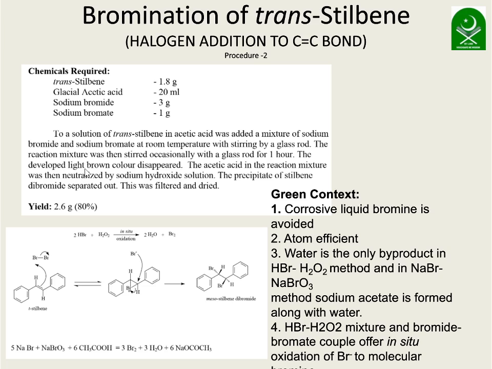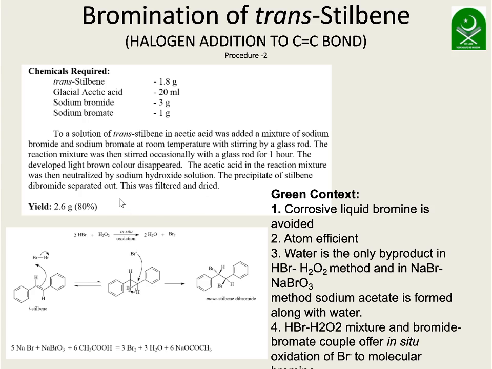The developed light brown color disappeared. It shows the bromination of trans-Stilbene is executed. The acetic acid in the reaction mixture was then neutralized by the addition of sodium hydroxide solution. The precipitate of Stilbene dibromide separated out, and this was filtered and dried.